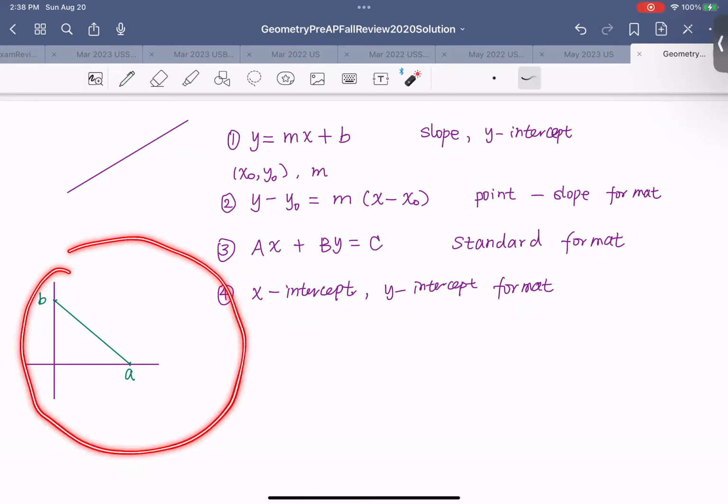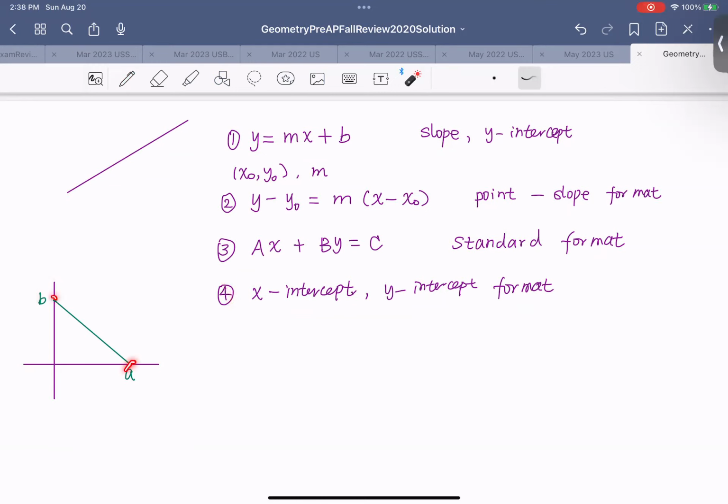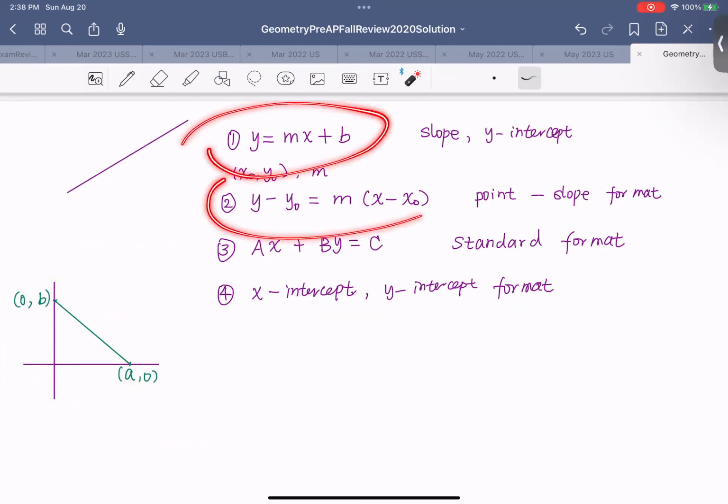Does anybody know, if you know these two points, how do you write down the equation? Go ahead. If you know it, do it. Tell me what this equation is. The point here is a comma 0. The guy here is 0 comma b. Using these two points, using the formulas we are learning right here, figure it out.